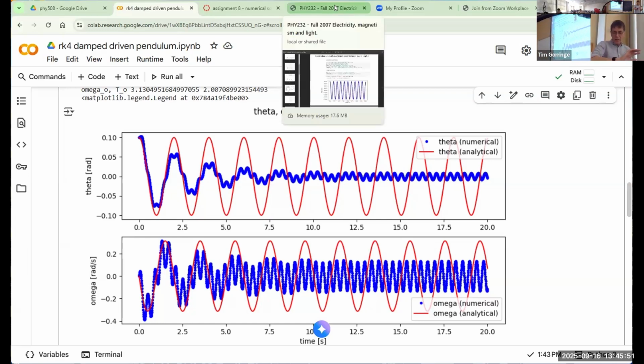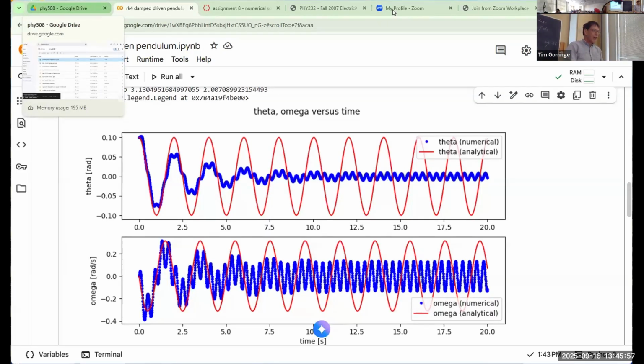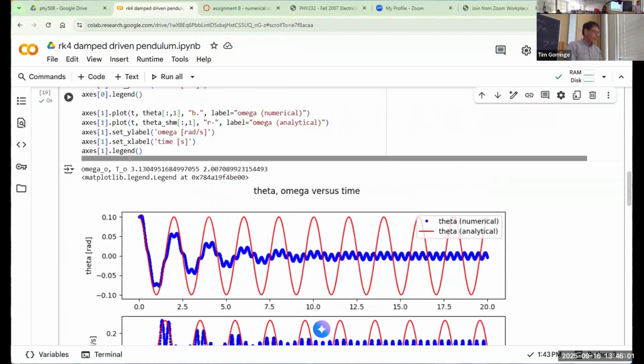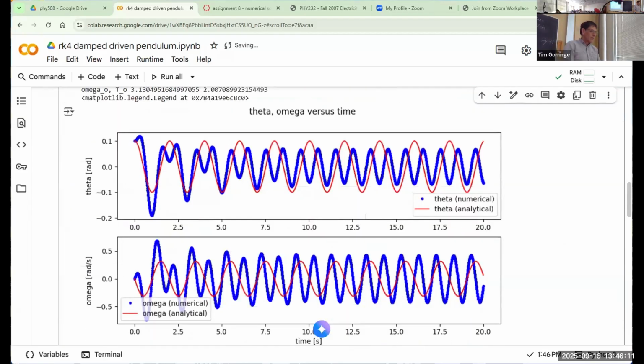Let's run it a couple more times and walk towards resonance, just to show you. If I go to just twice the natural frequency, now we've got much bigger oscillations at late times.